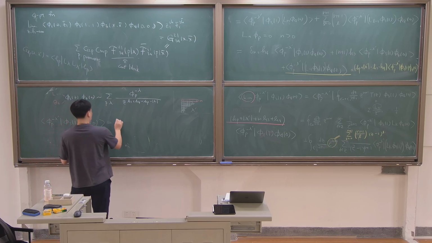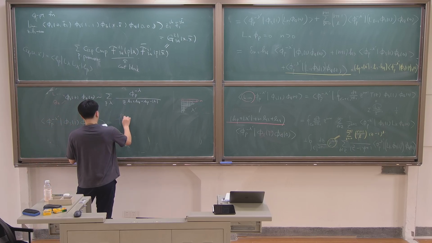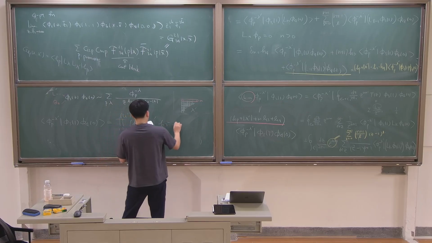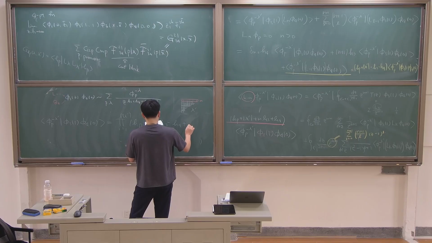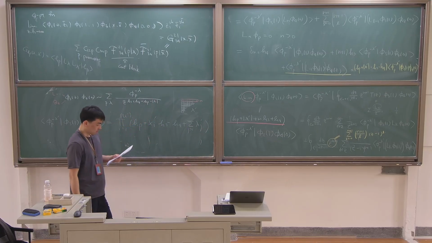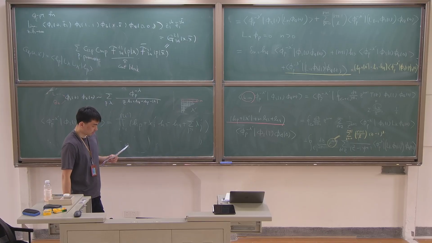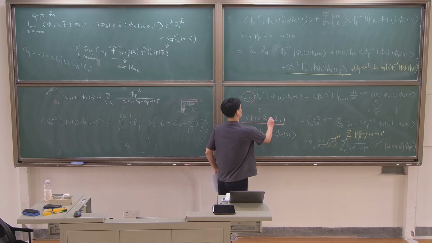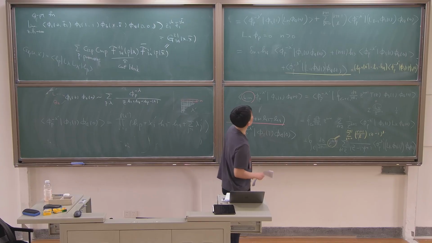a product over i equal to 1 to L lambda prime of H_p plus lambda_i prime, H3 minus H4 plus, like this one. And then it seems like I made a mistake in sign. I think this should be a minus sign. Am I correct? Let's see.